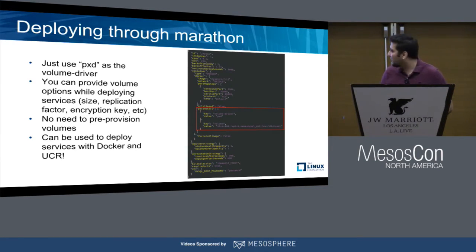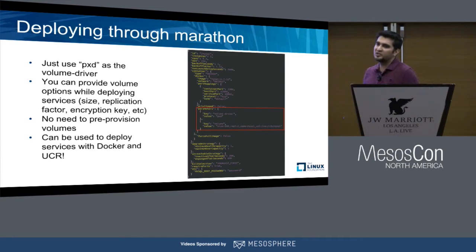So this is an example of how you can use Marathon to deploy apps that use Portworx volumes underneath. If you're familiar with deploying apps through Marathon, you have to specify a JSON format for your apps to specify what container you want to use and the volumes you want to use, as well as your port specification.